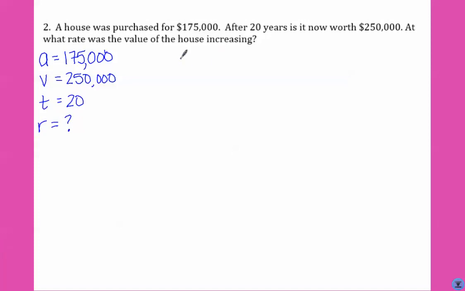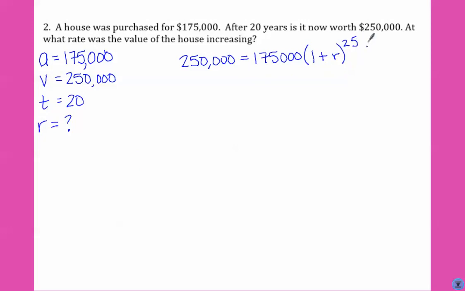So let's plug them in. 250,000 equals 175,000 times 1. The house increased, so plus R to the 25th power. So now we've got to solve this. We need to try and get R by itself.